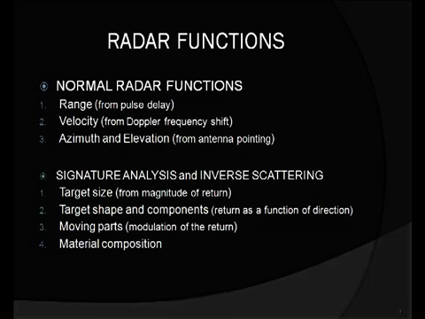The second parameter that can be measured using a normal radar will be velocity of the target. For this, we take the help of Doppler frequency shift between the transmitted and received signals. The third one that can be done with a normal radar will be azimuth and angle information.